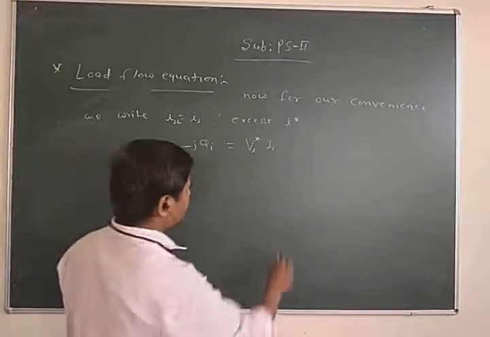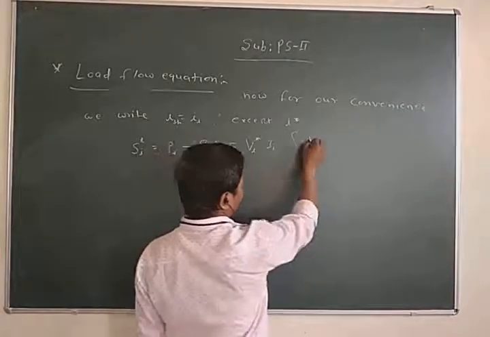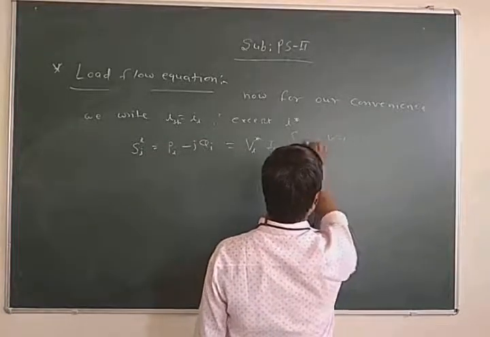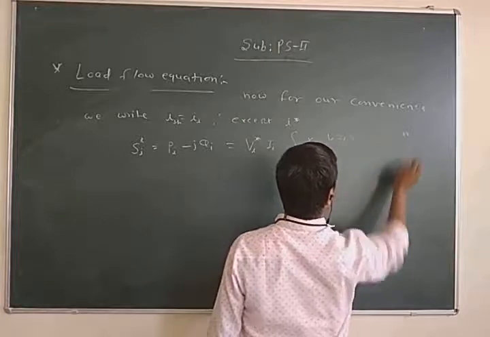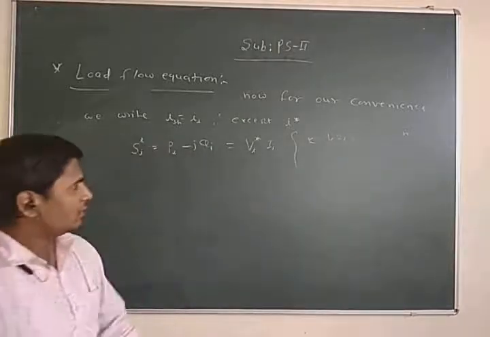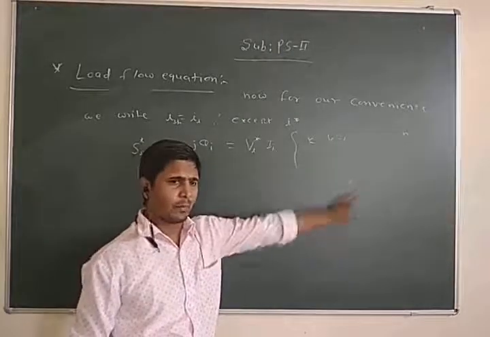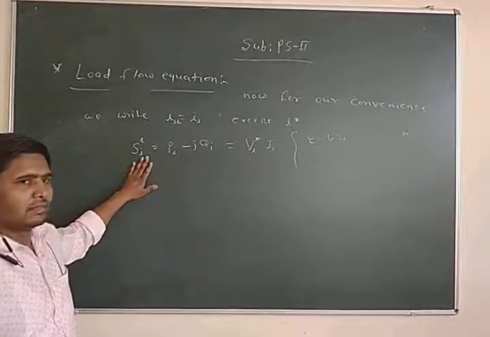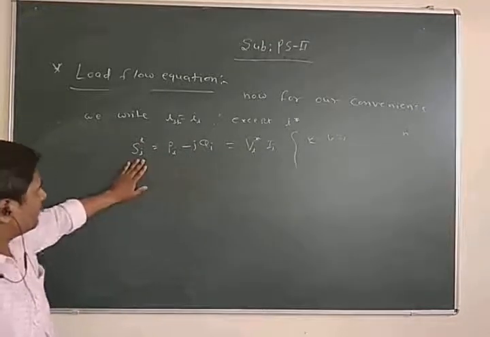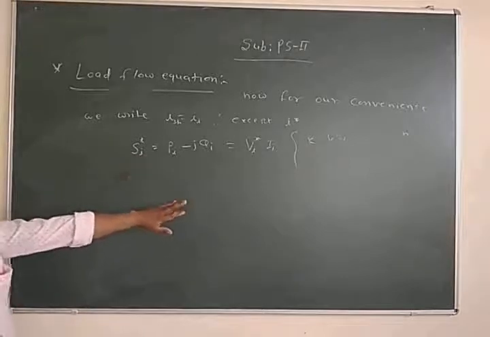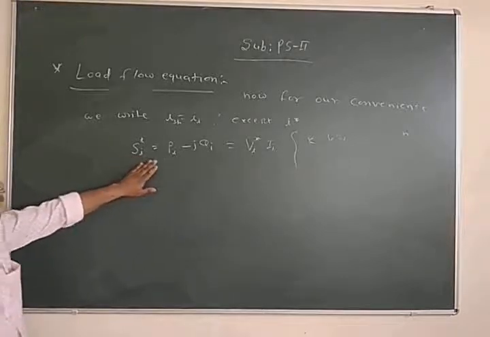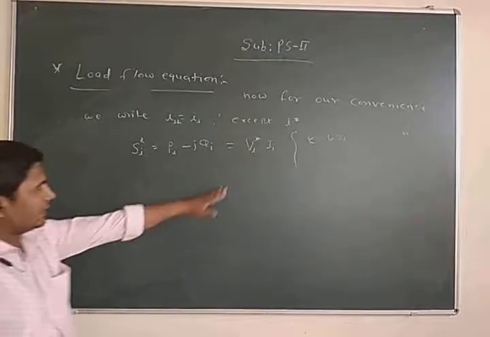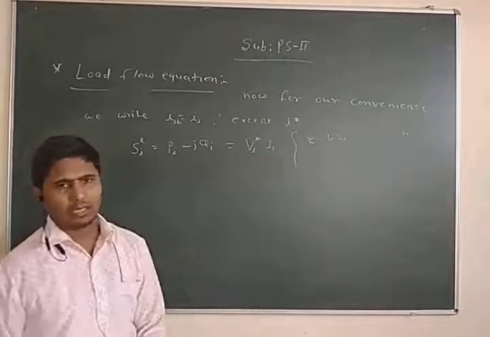Since we have considered k is equal to 1, 2, 3 ... n, because we have considered an n bus system and we have selected a bus named as i bus. At i bus, the total power S is equal to P plus jQ and S conjugate is equal to P minus jQ, written as Vi conjugate into Ii.